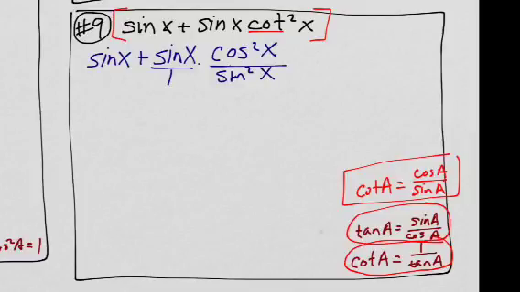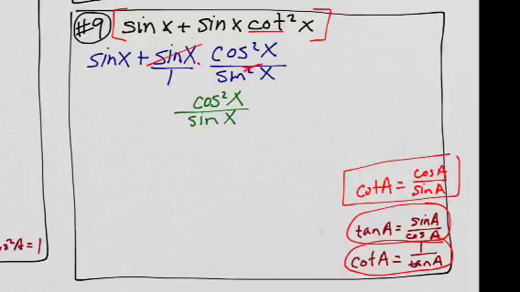Okay, we can see this situation again where we have a sine being multiplied by a fraction with a sine squared in the denominator. We can cancel out one of the sines from that denominator. So that second grouping of fractions becomes just cosine squared x over 1 times sine, which is just sine x.